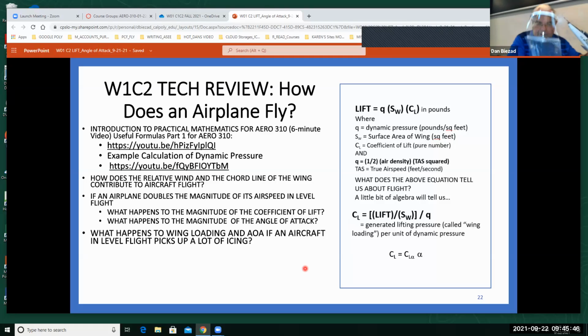So if I'm in level flight and the airplane's getting heavier, what do I have to do to keep it flying? If the weight keeps increasing, I have to keep increasing angle of attack. So what's going to happen when I pick up enough ice to get to my stall angle of attack? The ice will fall off and I'll be safe? No, that's not it. I'll stall, and after I stall, the ice might break off and I could recover. But most people die.